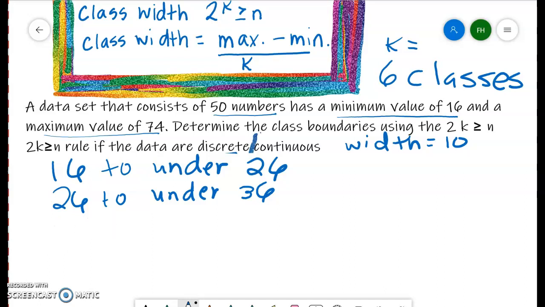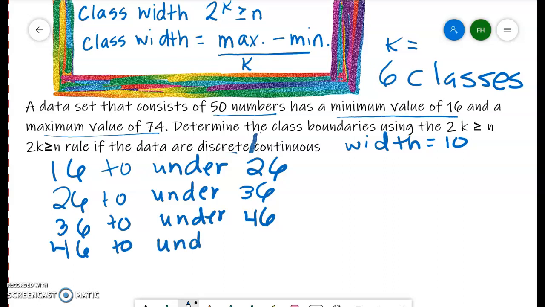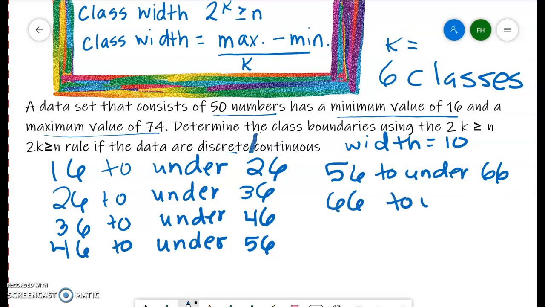26, sorry. 36 to under 46, and then 46 to under 56, and then 56 to under 66, and we have 1, 2, 3, 4, 5 classes, so we have one more, 66 to under 76.